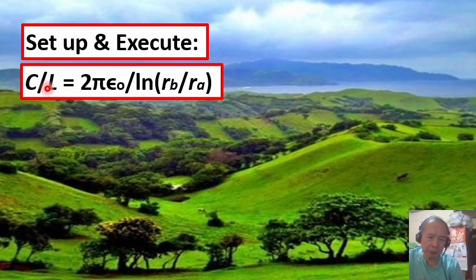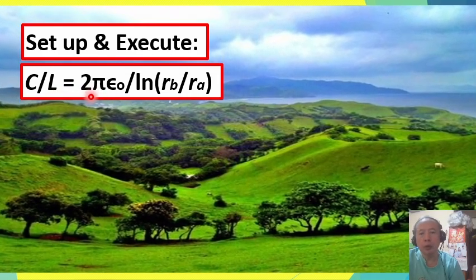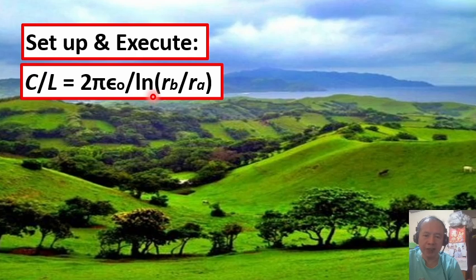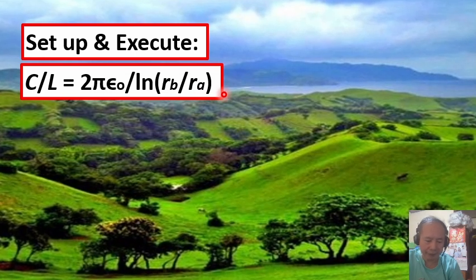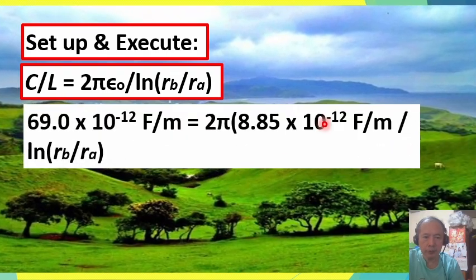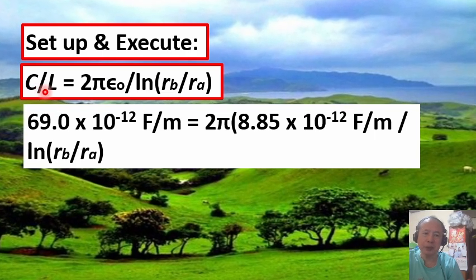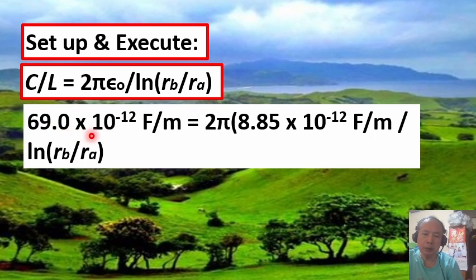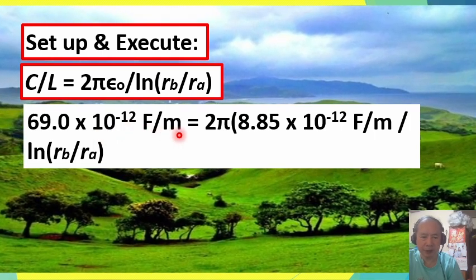The capacitance per length is equal to 2 pi times the electric constant epsilon naught divided by the natural log, ln, of the ratio R sub B over R sub A. Substituting the given quantities, the capacitance per length is 69.0 times 10 to the negative 12 farad per meter.